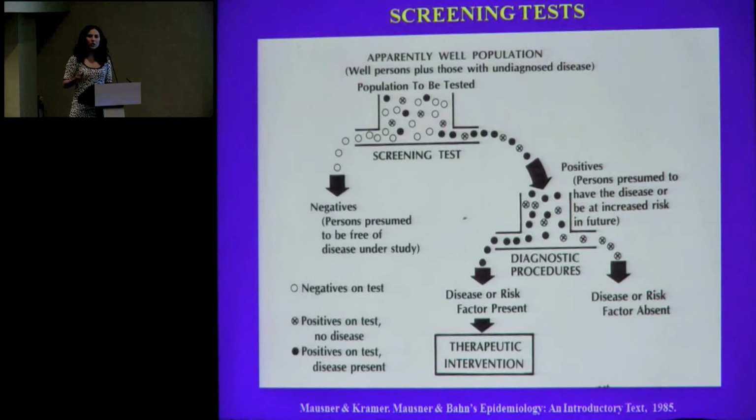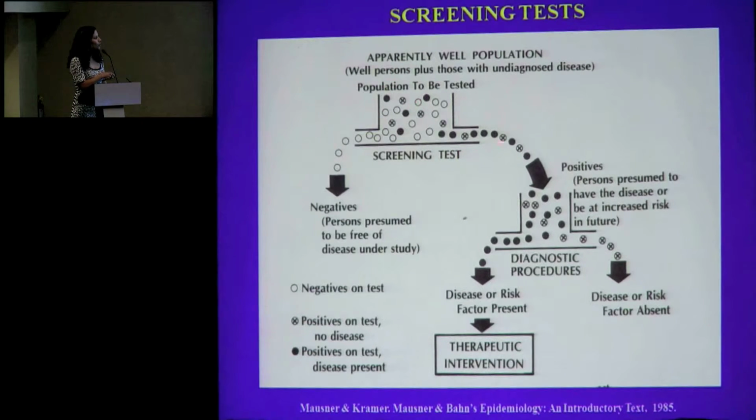So when you do a particular screening test, you're going to have an apparently well population, where you're going to have a combination of different kinds of individuals. You're going to have negative people, those that are negative on the test and that are actually negative, those that are negative on the test but the disease is actually present, and all these people that result to be negative are going to be assumed to be disease-free, and no additional follow-up is going to be done on them.